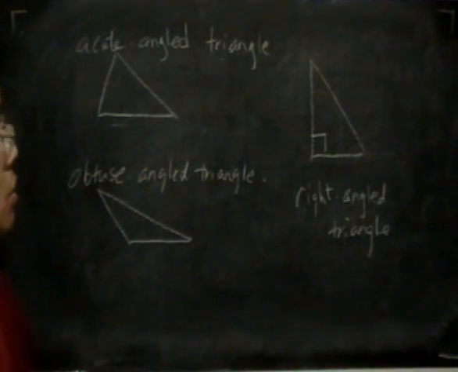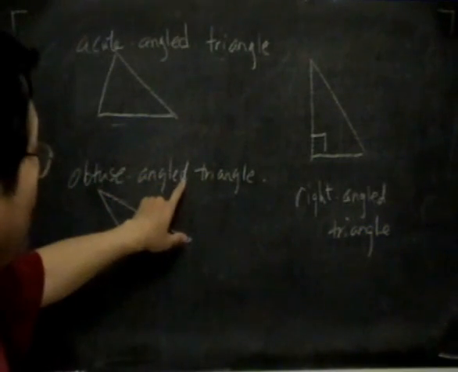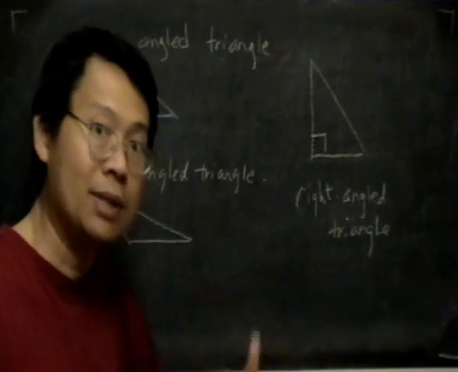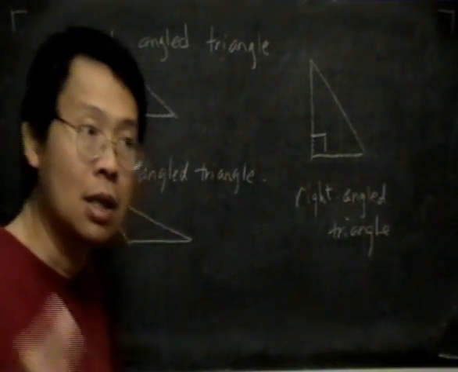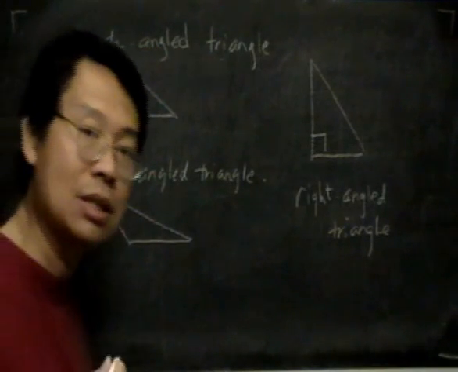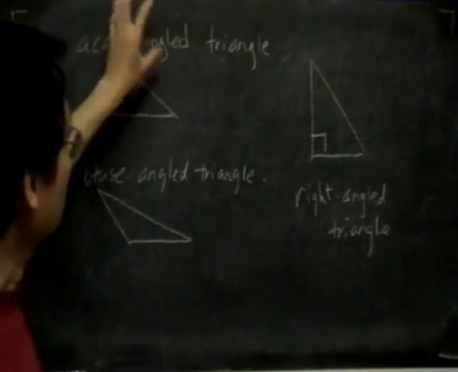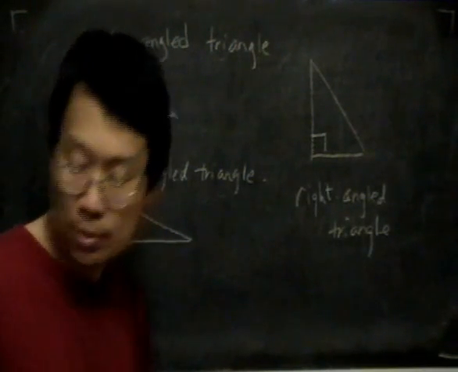Right-angled triangle. So notice the correct spelling. I have a D at the end of angle. Right? So it's like the past tense, but in this case, making it past tense turns the word angle into an adjective, right? Into a word that describes the type of triangle.